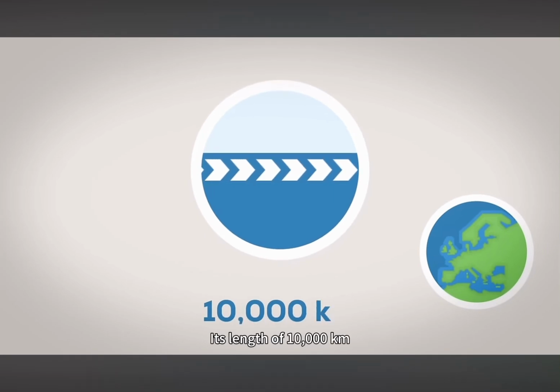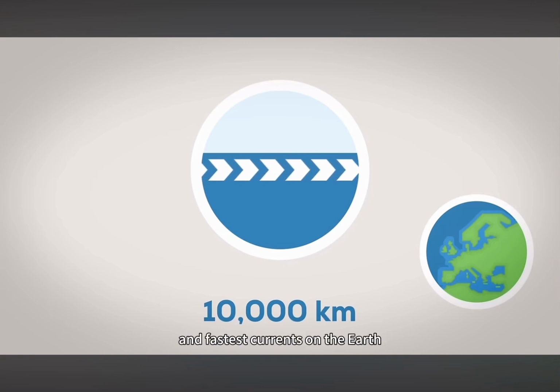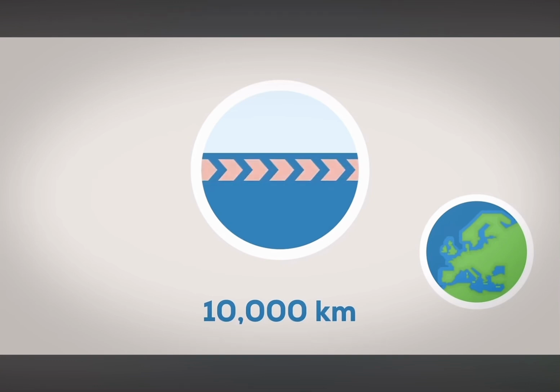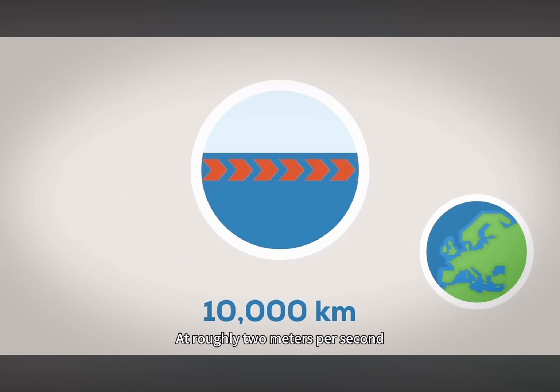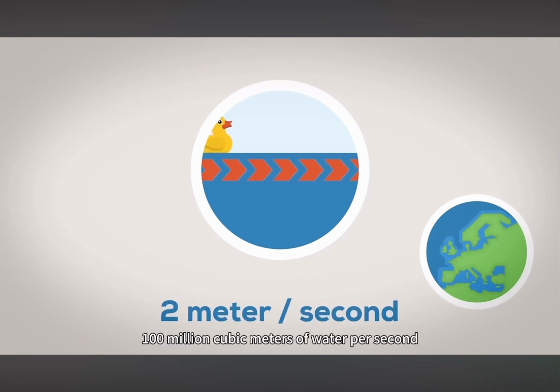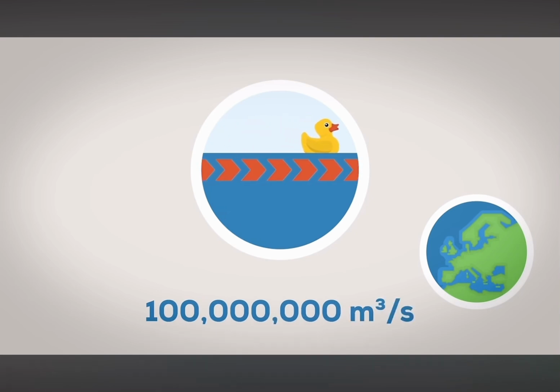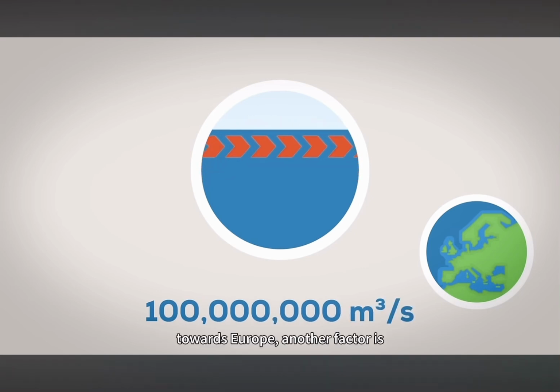Its length of 10,000 kilometers makes it one of the largest and fastest currents on the Earth. At roughly 2 meters per second, it brings up to 100 million cubic meters of water per second towards Europe.